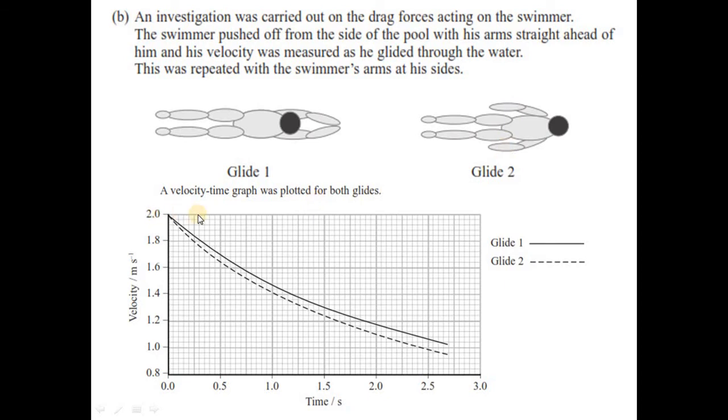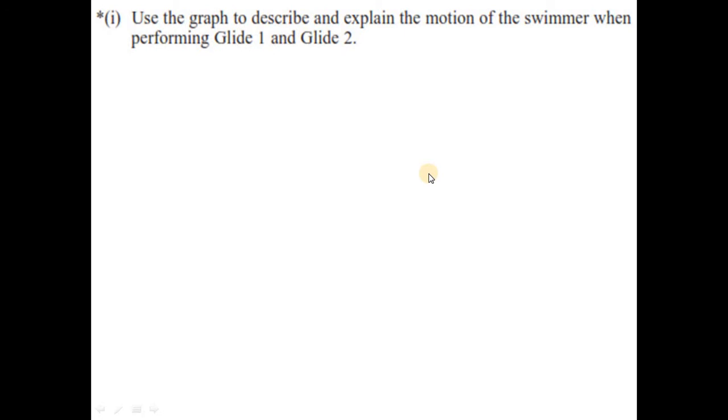The velocity time graph was plotted for both glides. Glide 1 is solid and the dotted line is glide 2. Use the graph to describe and explain the motion of the swimmer when performing glide 1 and glide 2.